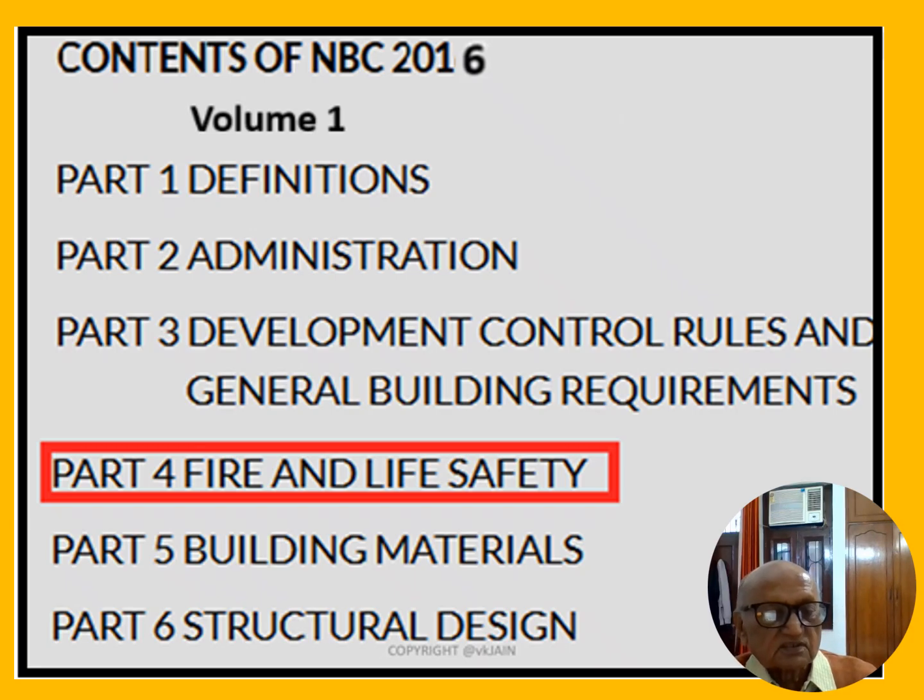Whereas it is part 4, fire and life safety, with which we are concerned in this series. You will find all types of rules, regulations and requirements of fire and life safety in this particular part. Part 5 is building materials, part 6 is structural design.